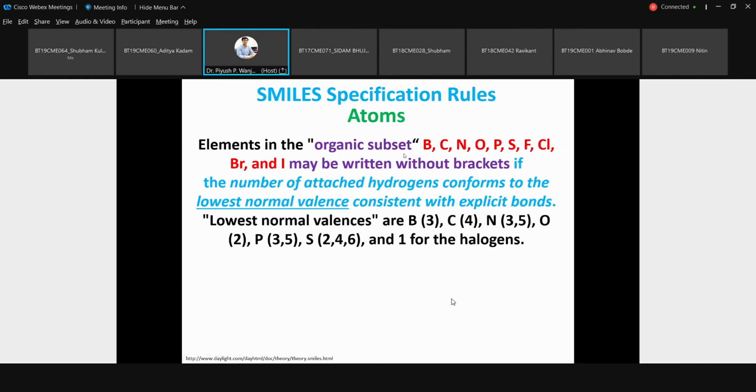When you are not writing any brackets, it represents the lowest normal valency. For boron or carbon it is okay, but for nitrogen the valency can be 3 and 5, phosphorus 3 and 5, sulfur 2, 4, 6. So the lowest is used: for nitrogen 3, for phosphorus 3, and for sulfur 2.